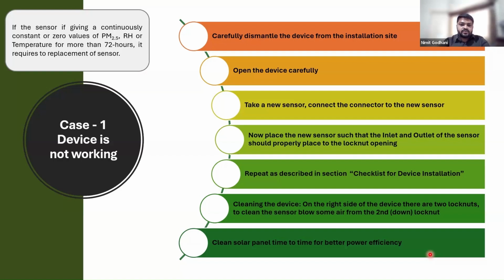On the right side of the device that I showed you, there were two air vents, so we blow some air and clean the sensors also. If it is working continuously and matching previous results, then we keep it that way. Otherwise, we will change the sensors. We also clean the solar panel from time to time for better power efficiency.